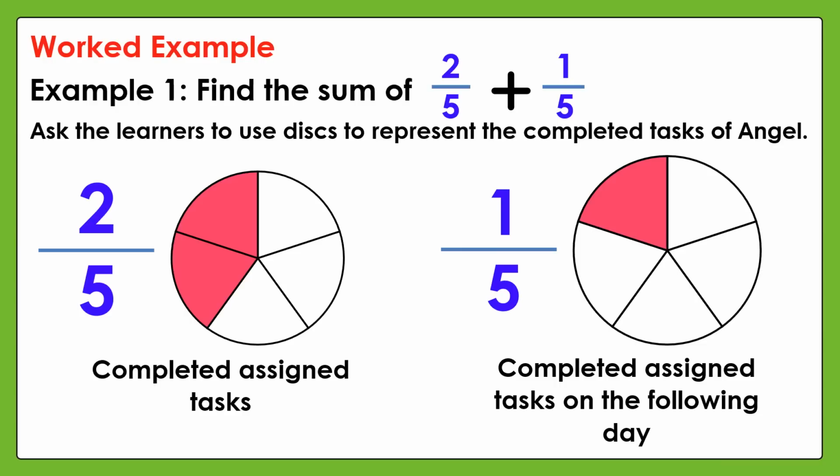Let's have the worked example. Example number 1, find the sum of 2/5 plus 1/5. Ask the learners to use a disk to represent the completed task of Angel. Look at the disk here. 2/5 completed assigned task. 1/5 completed assigned task on the following day.